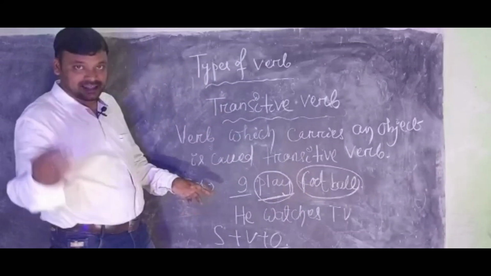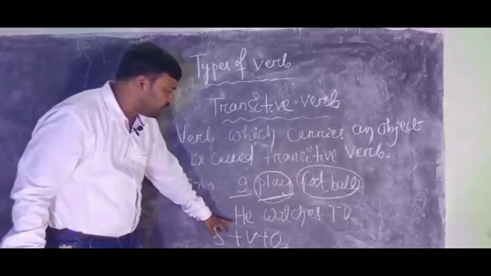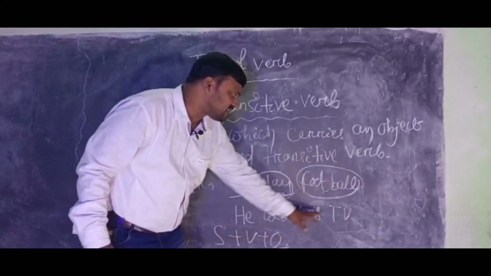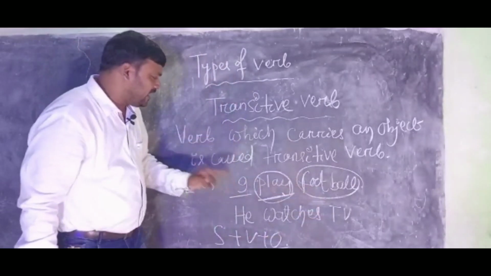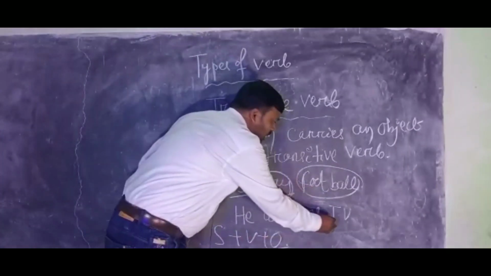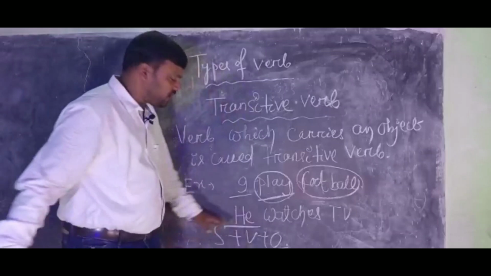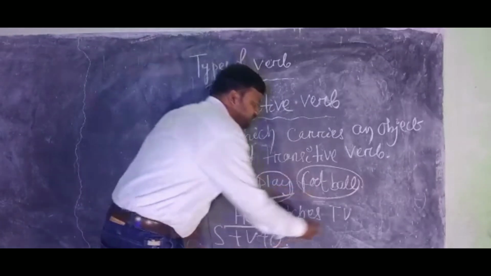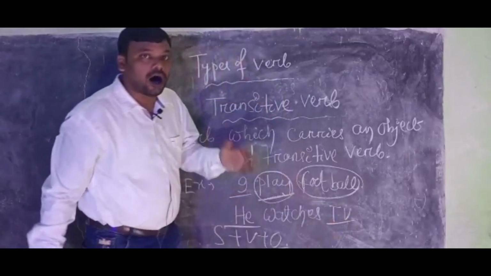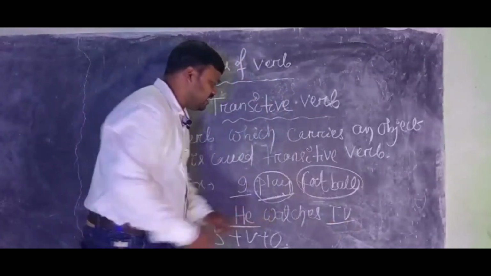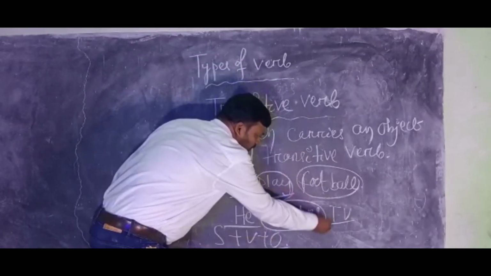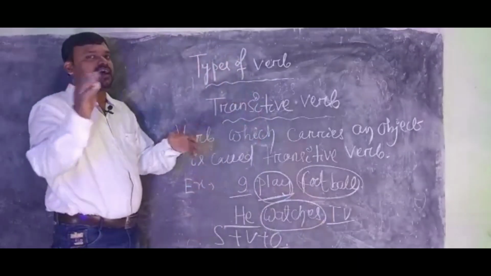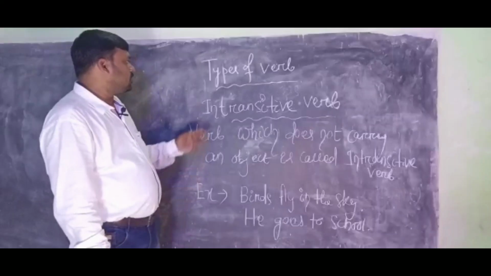And so let's have another example here. He watches TV, and here he is your pronoun, and watches is your verb, and TV is your object. And here the verb watches is called your transitive verb.